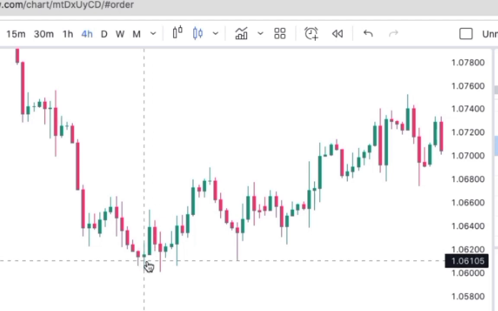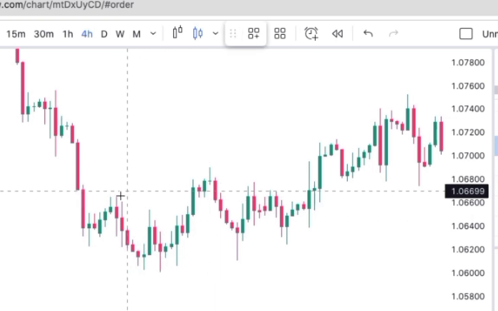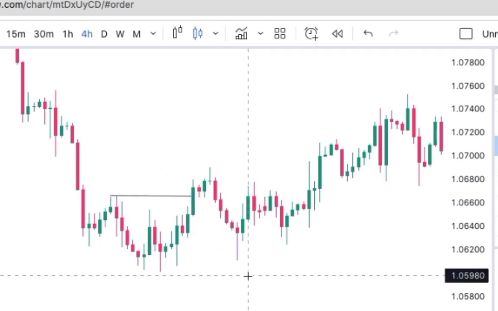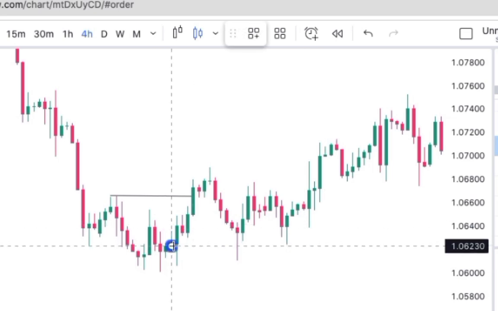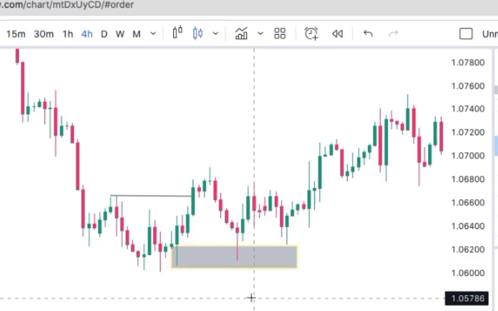So what happened right here, it takes out the inducement, and then you see that it pulled back into this demand zone, and then it started buying.